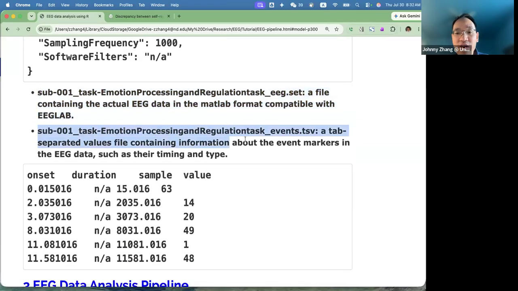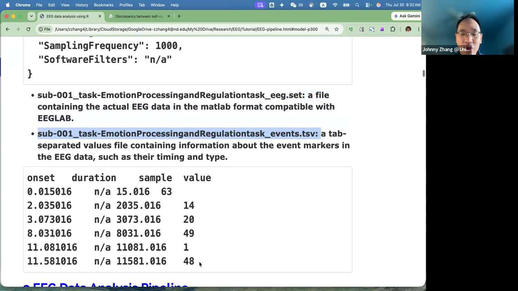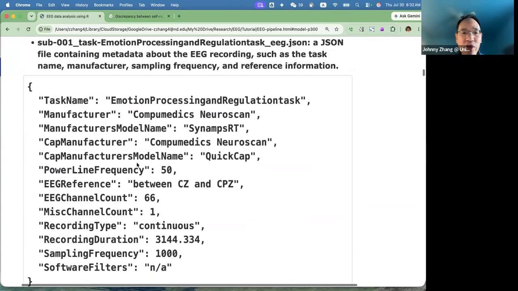We also have event data. Event data means at what time each event happens. So we have the JSON file with the explanation of each of those events. Okay, so this means the starting time, when the event was triggered.